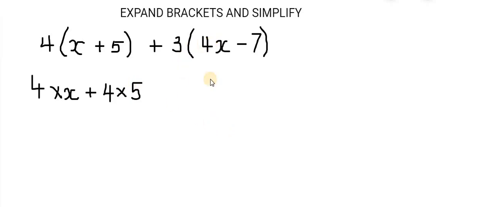And then for the second bracket, you do the same thing, but you also consider the sign that is exposed here. So you say plus 3 times 4x, and also say minus 7.